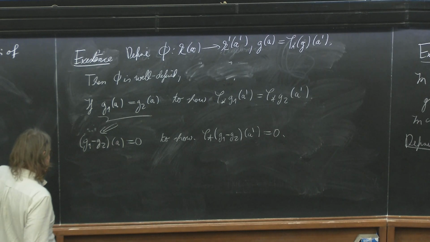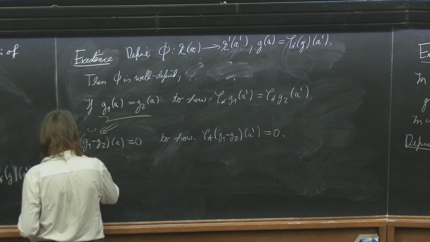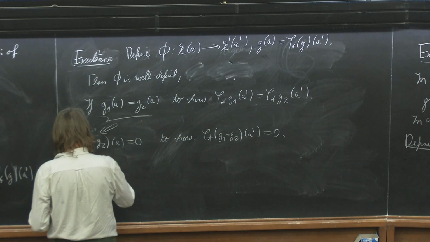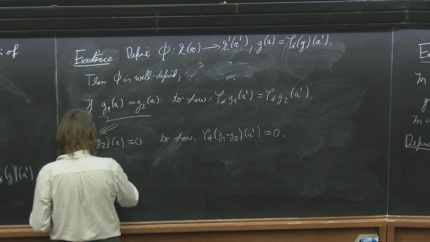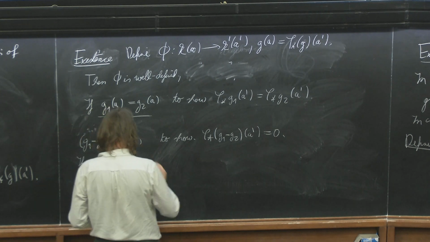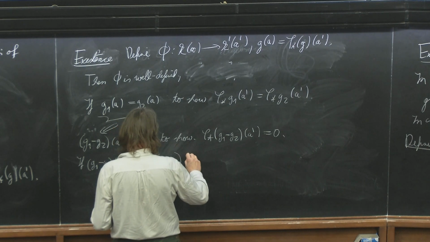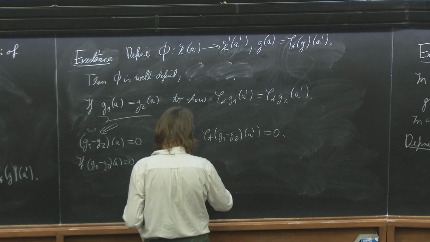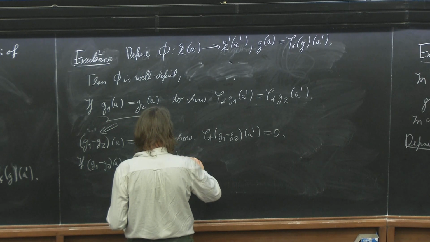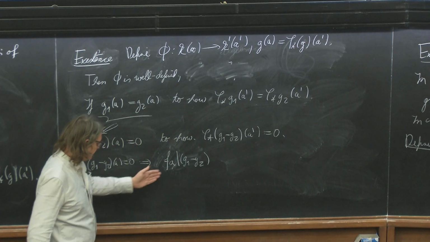Okay. Well, so if g1 minus g2 at A is 0, then it follows that g1 minus g2 is divisible. So maybe I just say that FA divides g1 minus g2, because we know that FA is the minimum polynomial.